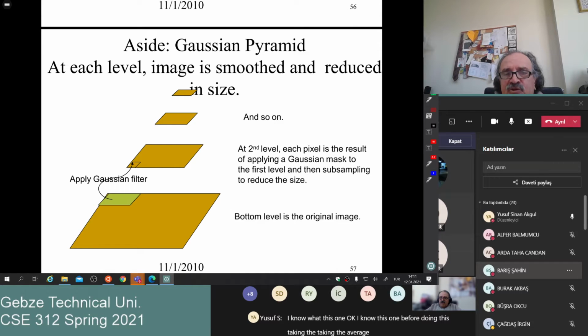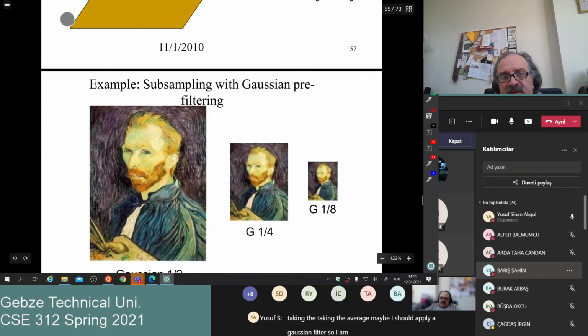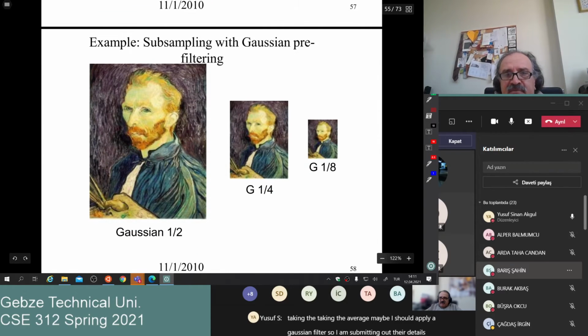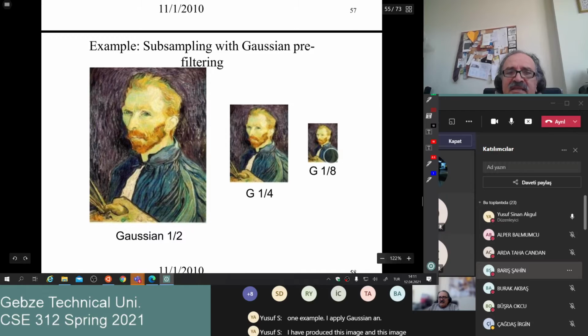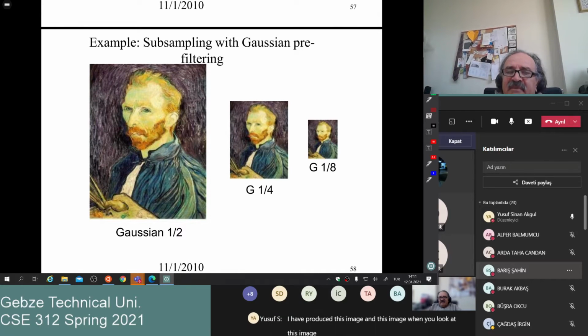taking the average, maybe I should apply a Gaussian filter, so I am smoothing out the details. Here is one example. I apply Gaussian and I produce this image and this image. When you look at this image, I can see the man, the head, the shoulders, and so on. But I lost lots of detail.